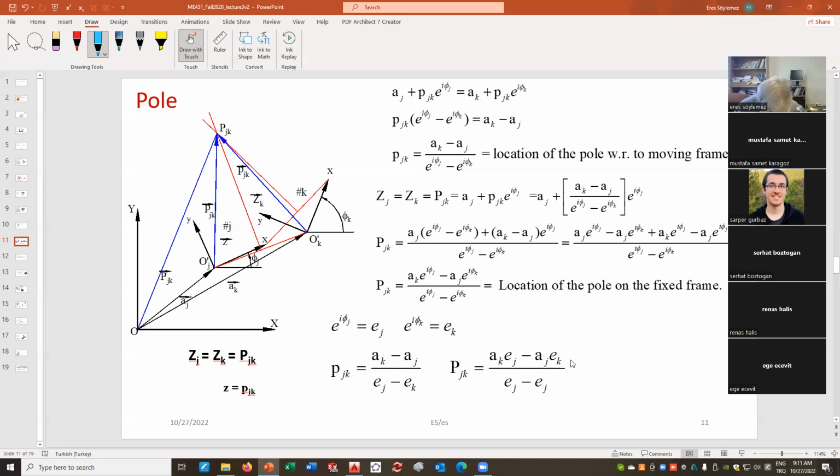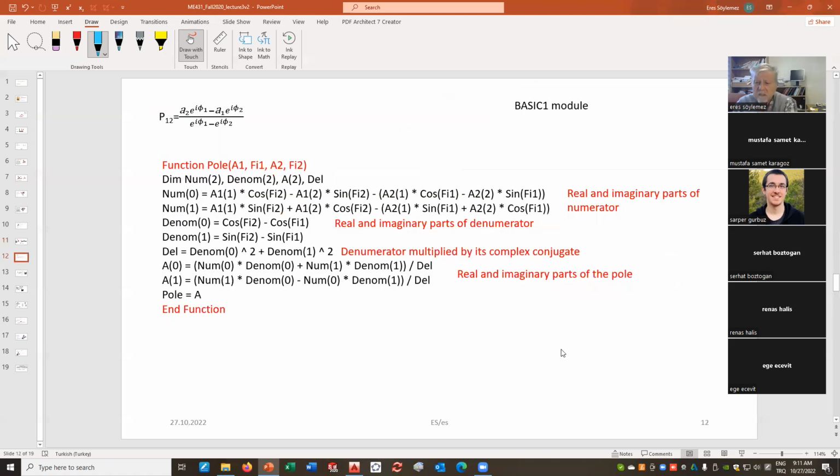Now, it is simple algebra. You take the complex numbers, multiply, divide, and obtain the result. In basic module, by the way, in MathCAD and MATLAB, you can perform complex number arithmetic and write this equation in a simple form.